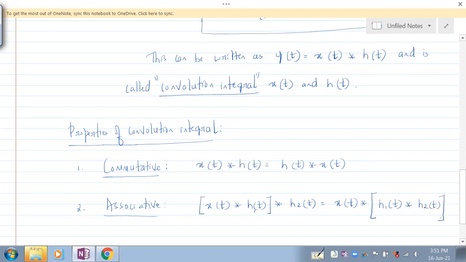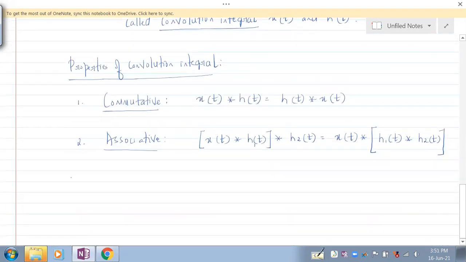Then we have the distributive property. What does the distributive property tell us? Here we have the convolution integral as well as the sum of two signals.